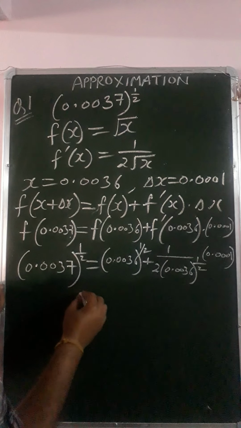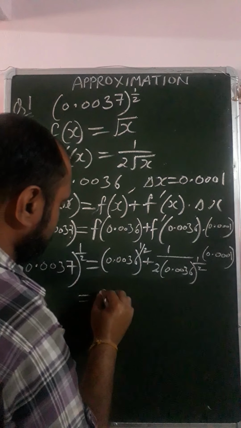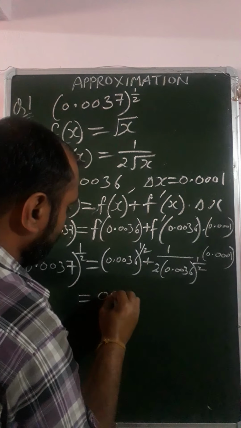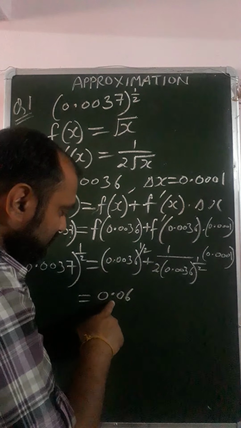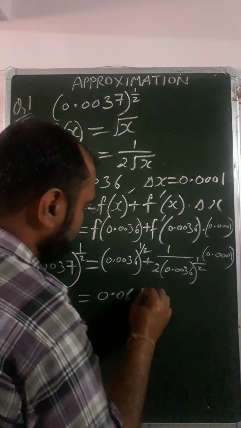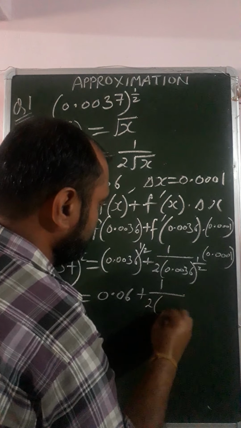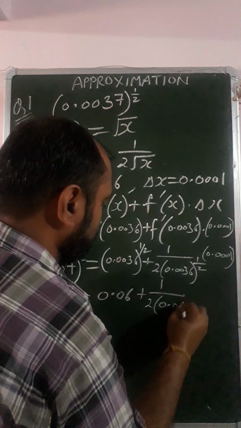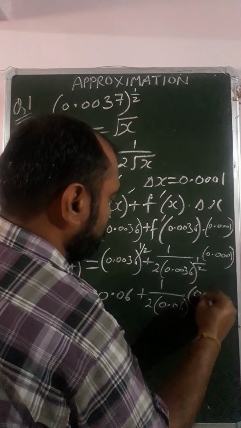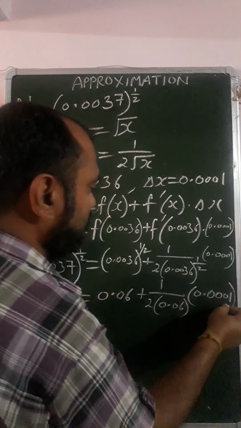So when you simplify this, this becomes 0.06 because its perfect square root is 0.06, and this is 1 over 2 into 0.06 into 0.0001, right?